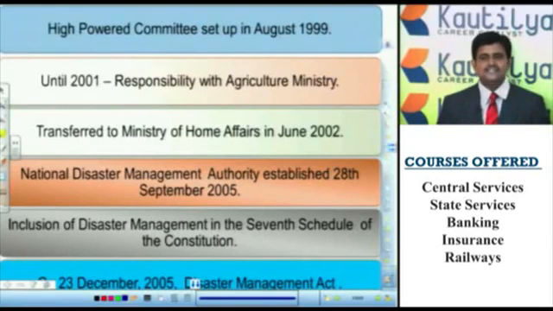A three-tier structure of disaster management authority was established under the National Disaster Management Act 2005. And the concept of disasters was introduced in the 7th Schedule of the Constitution. That means acts or legislation regarding disasters can be made by the Union government or by the state government.